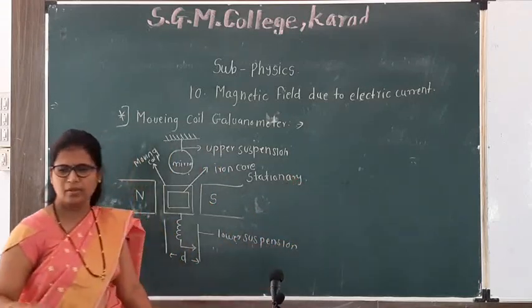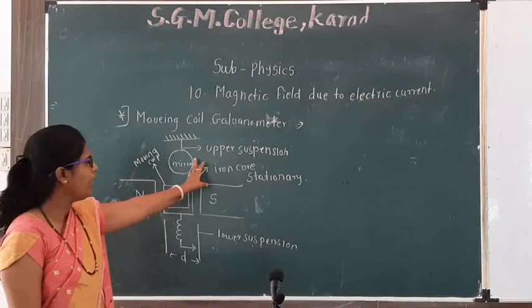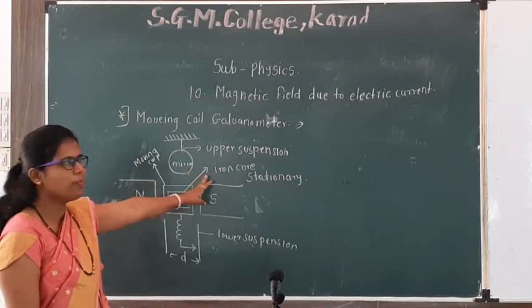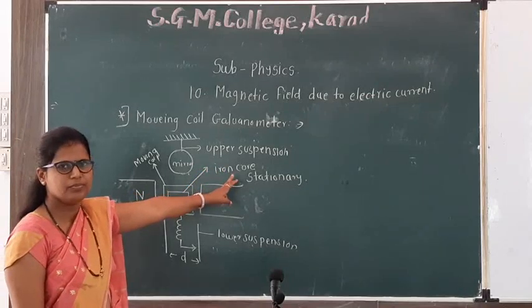Now see that the current in the circuit and the voltage of the battery can be measured by the torque.